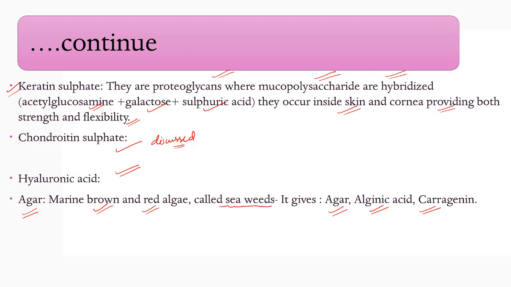Commercially, agar acts as a laxative and as a stabilizing and emulsifying agent in culturing media. It acts as a laxative used for constipation and digestion.